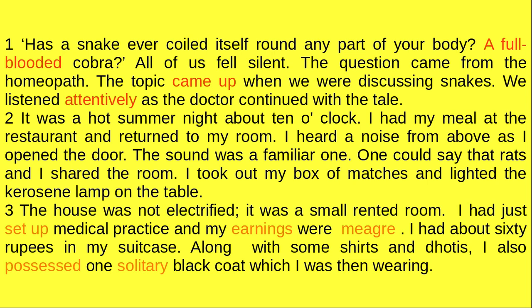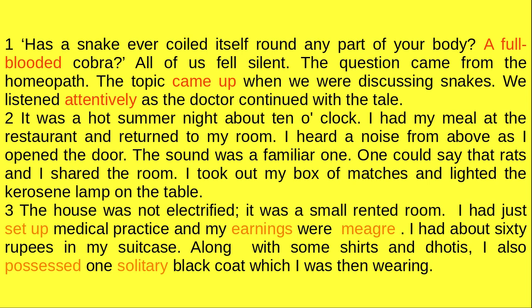And what did he do then? He took out the matchbox and lit the kerosene lamp on the table because there was no electricity. The house was not electrified, and it was a small rented room. Very simple, right? He had just set up his medical practice, and his income was meager, very low.